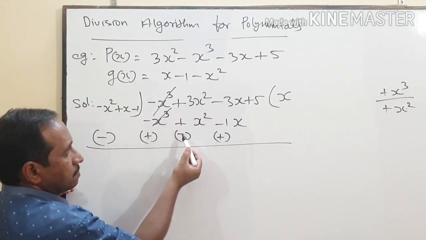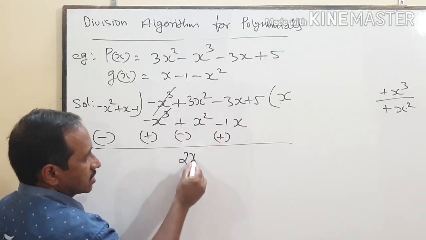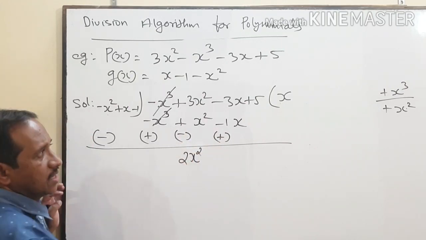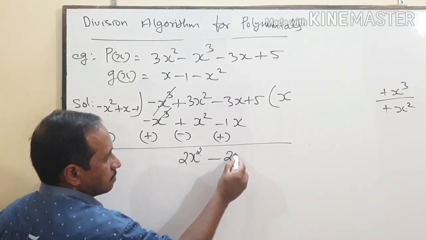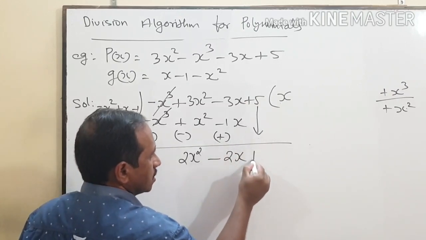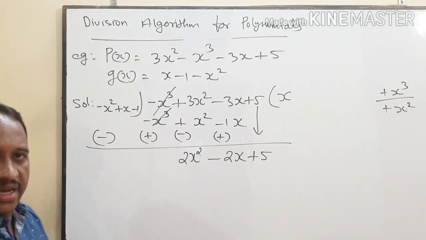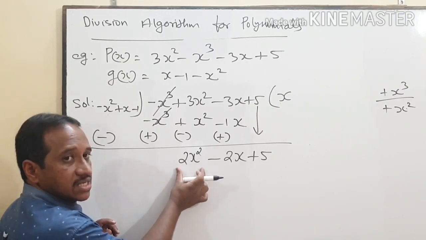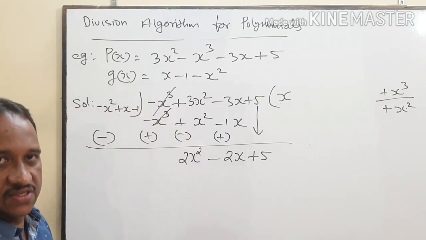Then 3 minus 1, 3x square minus 1x square, you get 2x square. Minus 3 plus 1 is minus 2x, and this 5 is brought down, that is plus 5.